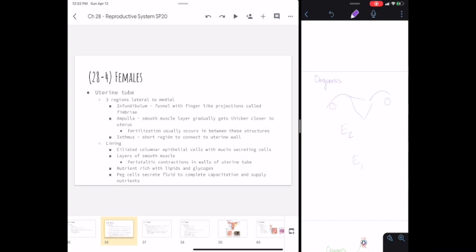You have a layer of smooth muscle. The uterine tubes are actually able to make peristaltic contractions. I mentioned earlier that it's still unclear why sperm are able to find the egg. One of the educated guesses is that, because they're whipping their tails, they don't really have a direction to go to, and it's not quite clear if they're following some sort of chemical gradient.